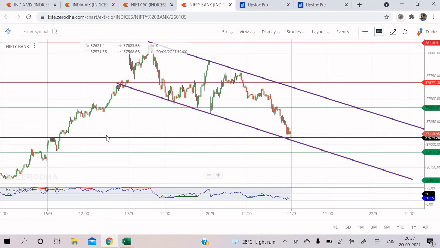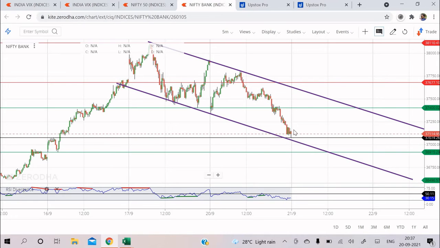And if we check for a resistance as of now, 37,400 seems to be a very good resistance at the moment, and definitely once the price approaches this area, we'll see a fall again. That fall is very important. If that fall breaks 37,000 is when the short term trend may turn bearish, and in case we do not break 37,000, then there is a possibility that we may further see an upside in Bank Nifty.